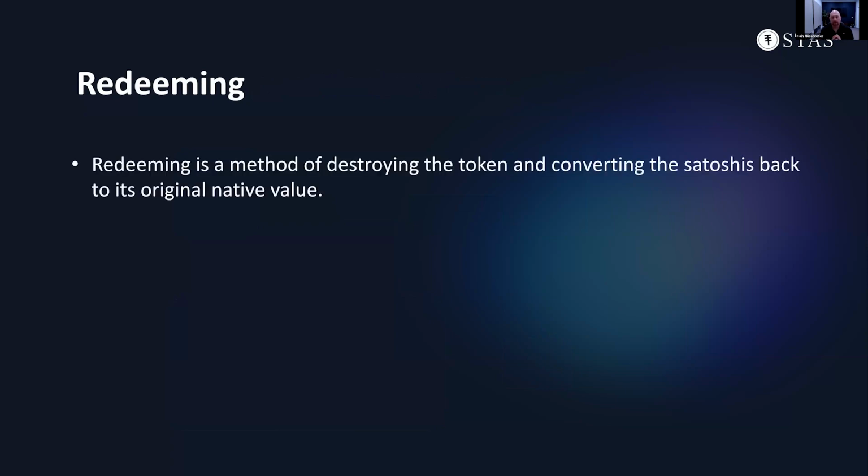So now I'll just cover redeeming, which, as I mentioned before, is basically destroying tokens or getting back the satoshis that were previously locked. We're going to convert it back to satoshis, and then it's back to the normal native currency. Now, what's important to know is that STARS tokens really lock the satoshis in.